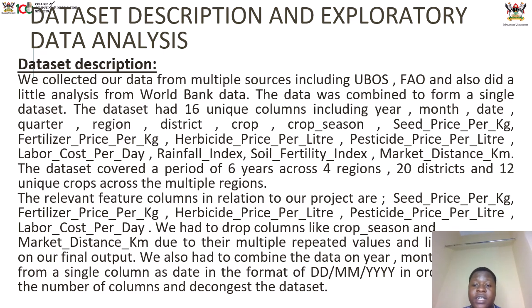Those ones are contextual factors. So this will help us come up with our total aggregated cost that we actually require as our final output. This dataset had 16 columns, but we had to drop around 2 columns in order to remain with the ones that are applied to our required output.